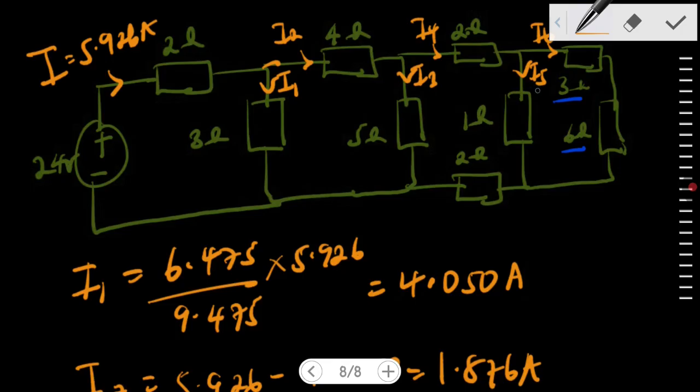Now, also, we know that since we have got I4, we can get the current through the 1 ohm resistor, which would be I5, right? The 1 ohm resistor is in parallel with the 9 ohm resistor, right?